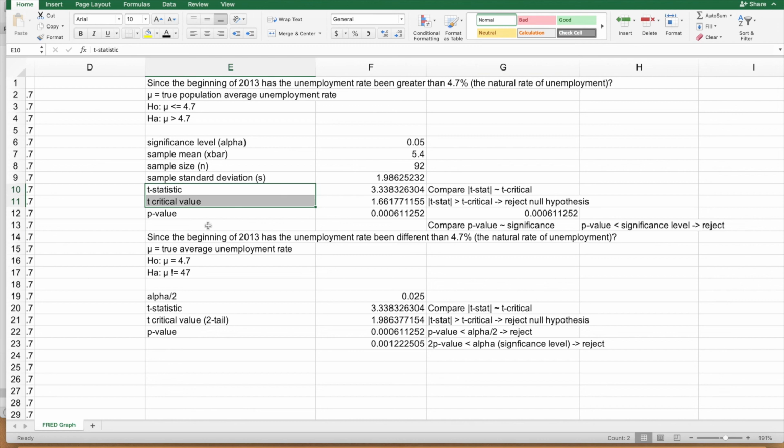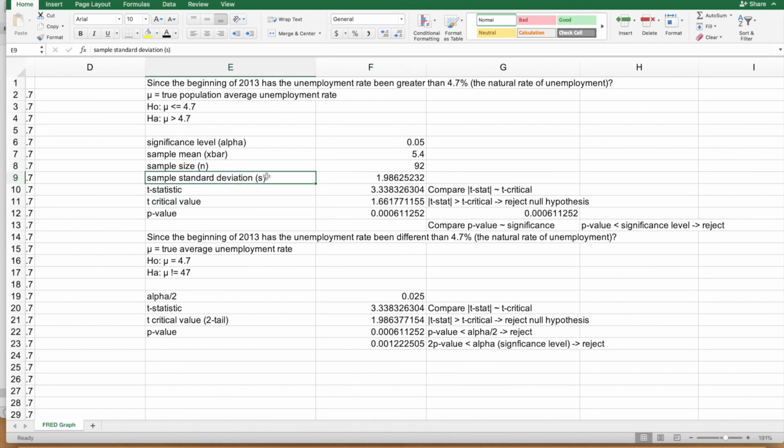Similarly, if you are ever doing a proportion problem, you may have to estimate the standard deviation by using p hat, but in any proportion problem, you always use a z distribution, not a t one. So the only time you actually use a t distribution is when you're doing a population mean problem and you have to estimate the sample standard deviation.